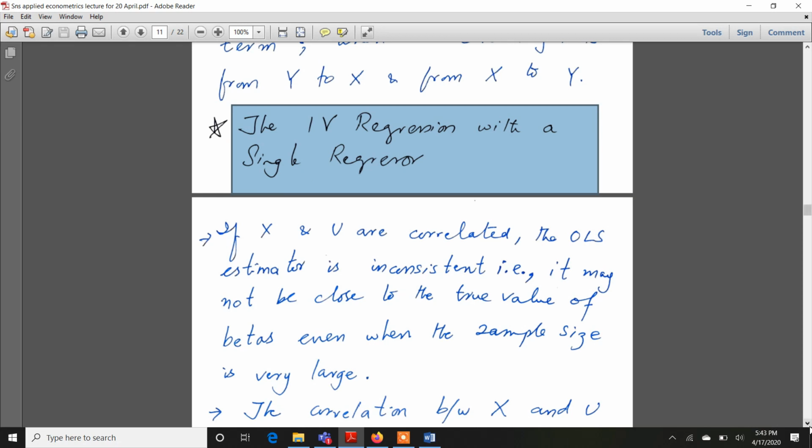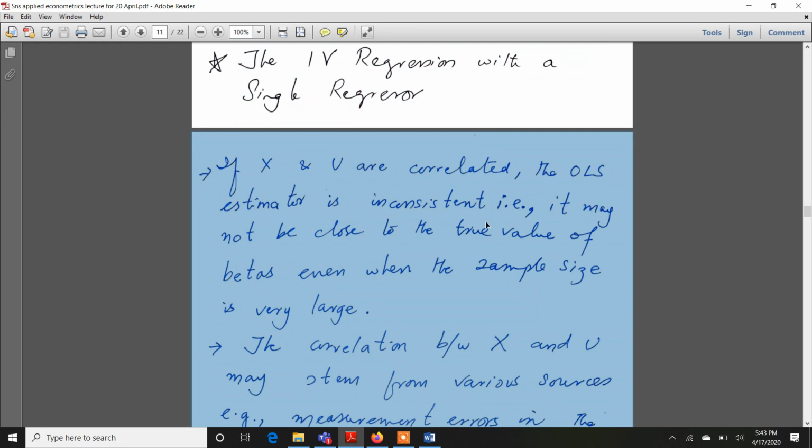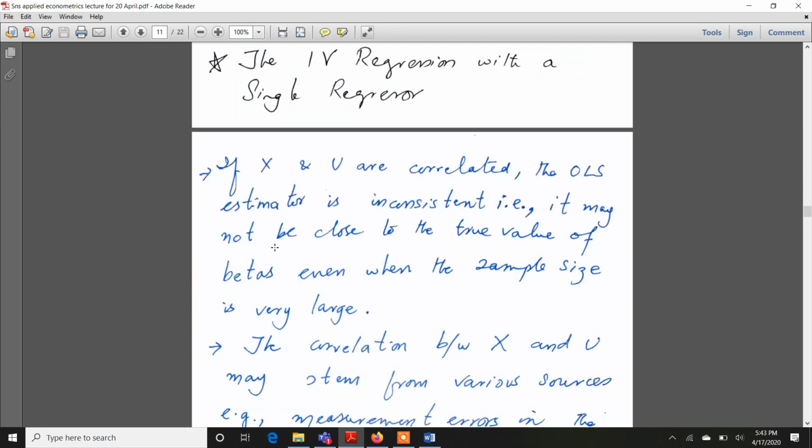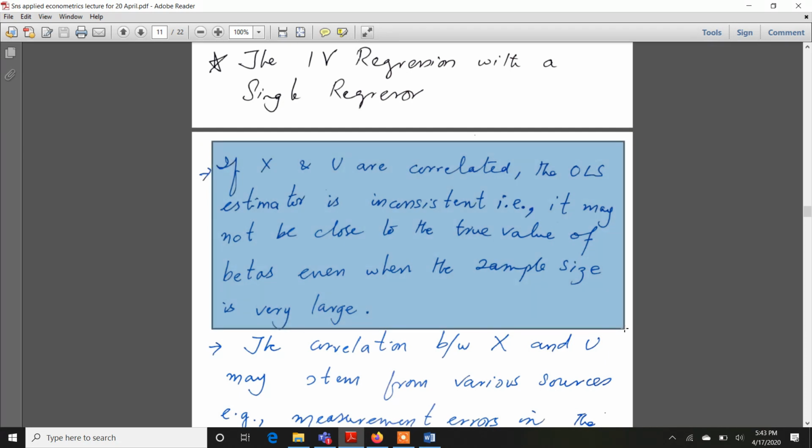Okay, so if x and u are correlated, the OLS estimator is inconsistent. That is, it may not be close to the true value of the betas even when the sample size is very large. You already proved this in the omitted variable bias section, when we were discussing that if x and u are correlated, or we have the issue of endogeneity, the OLS estimator is biased and inconsistent.